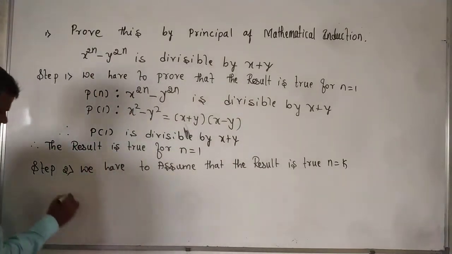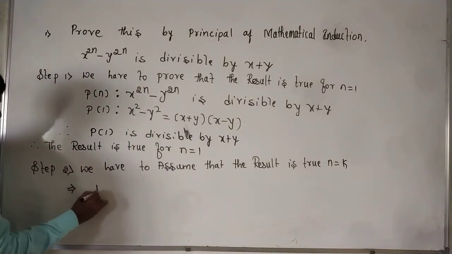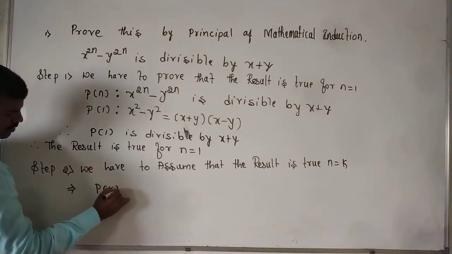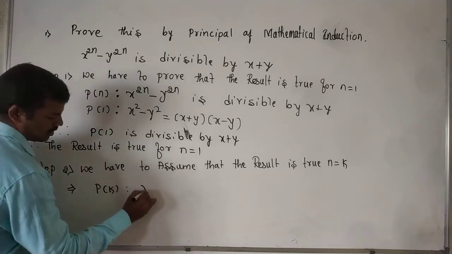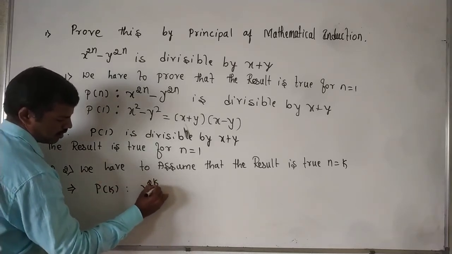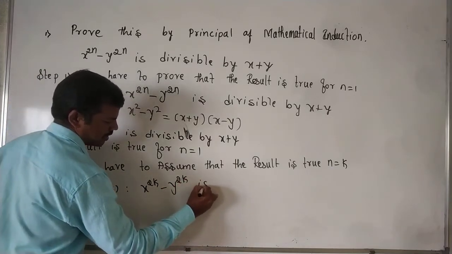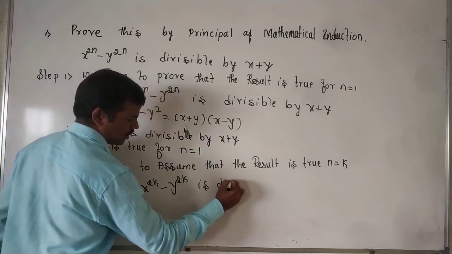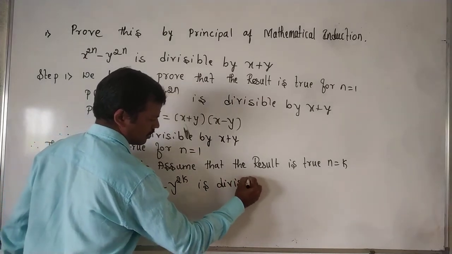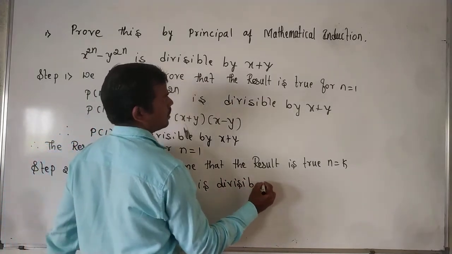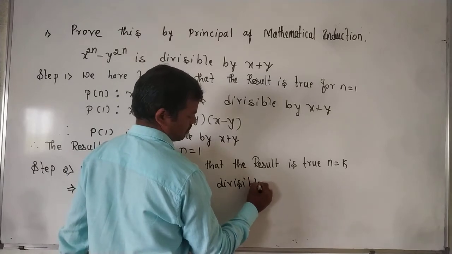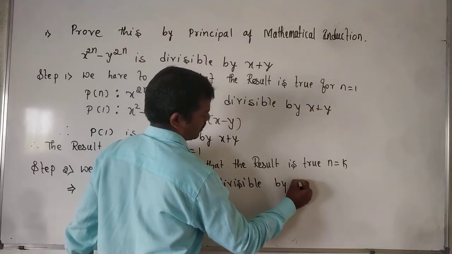So it implies that p of k, x raised to 2k minus y raised to 2k, is divisible by x plus y.